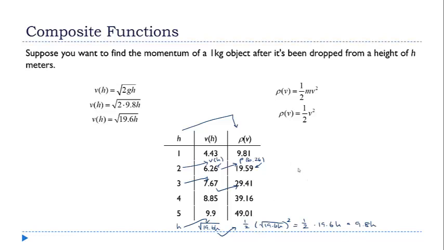So see, what I did here is now I have a new formula. Now instead of having h go into v and then v go into p, I have the momentum of h is equal to 9.8 h.